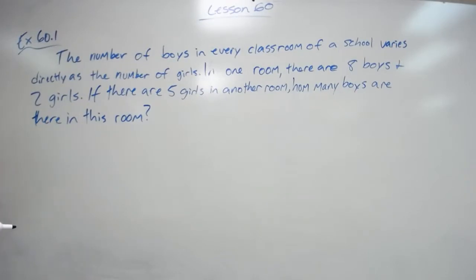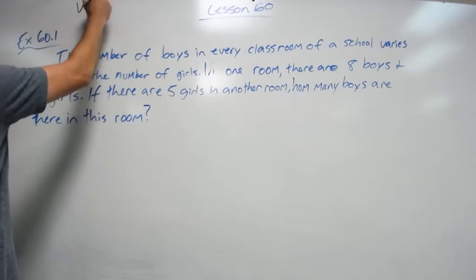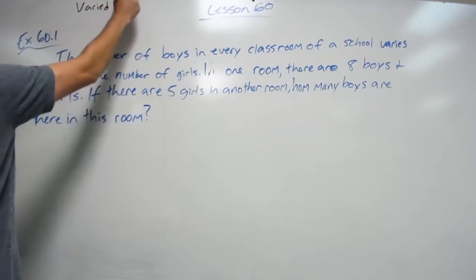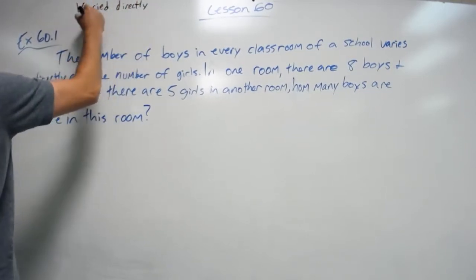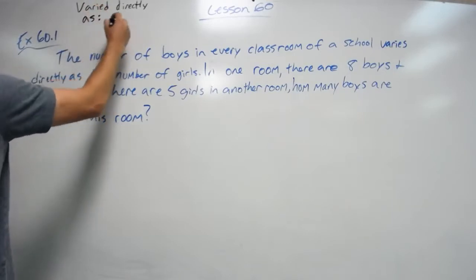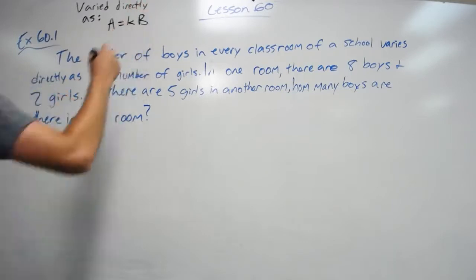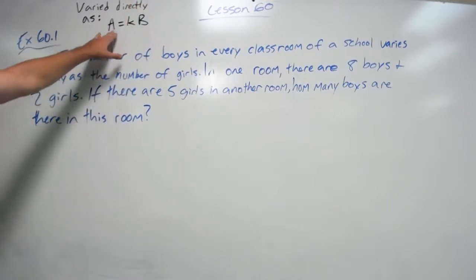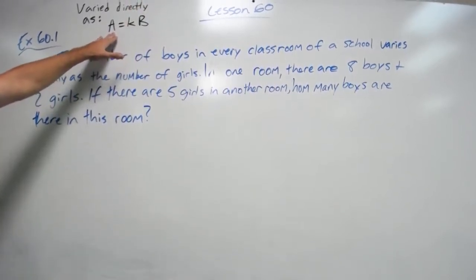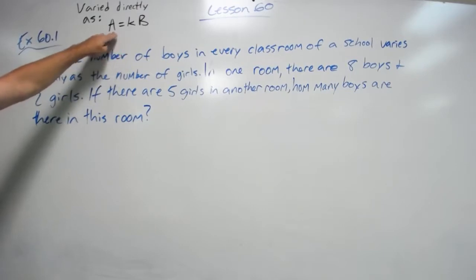Direct variation equation. If something says varied directly as, its equation is A equals KB. Now the A can be any variable, all right?